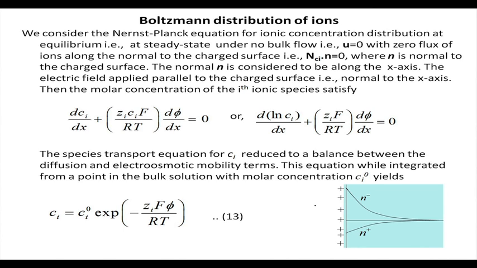Now, this can be clubbed or integrated, simplified to this form, and we get an integral of this equation given by this. Now, this C_i0 we call the bulk concentration, that means at x equal to 0, where the integration constant is taken care of by the C_i0, where we measure the electric potential becoming constant or 0.